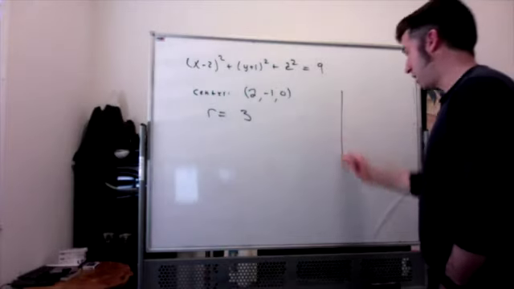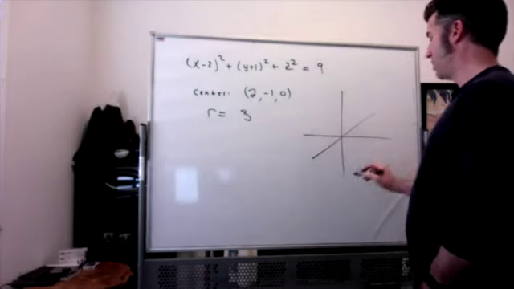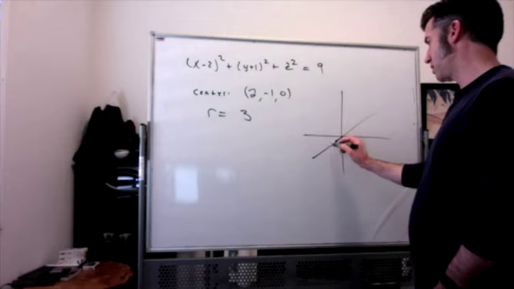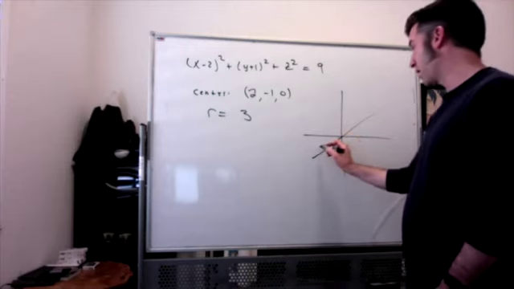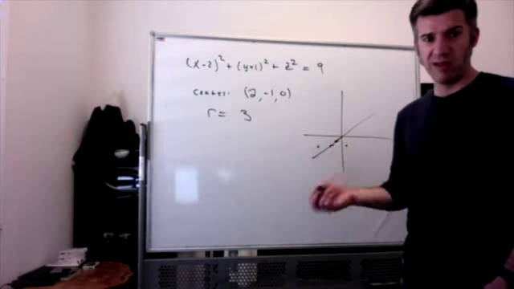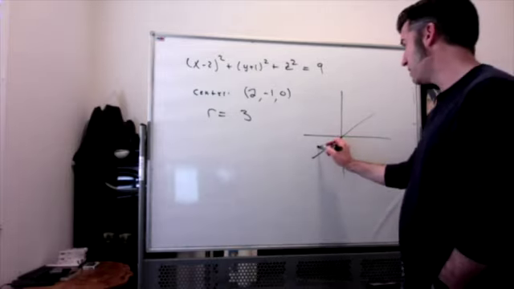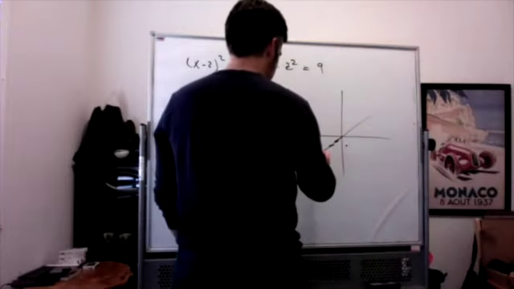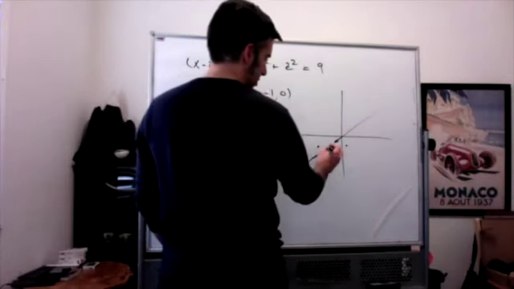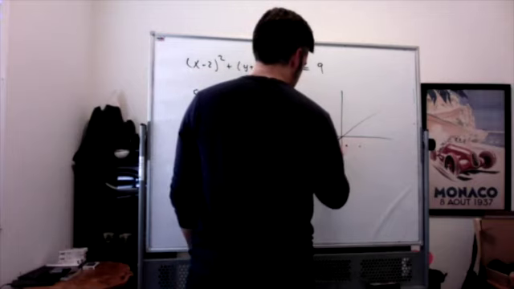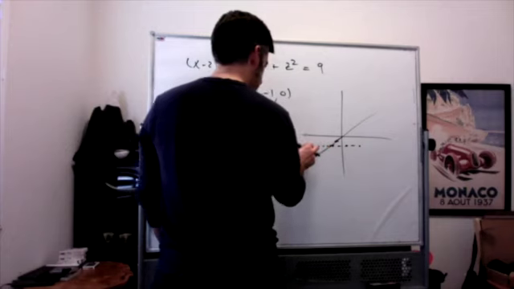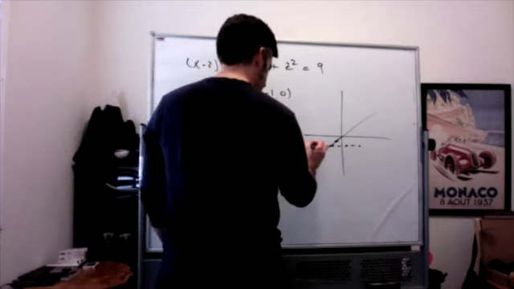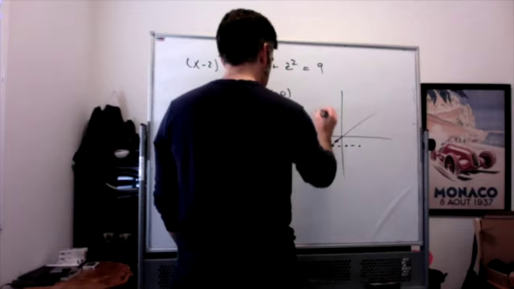We could try to draw it. I don't really want to. If we tried, our center would be 2 in the x direction, then -1 in the y direction, and 0 in the z direction. From this center point, we have to go 3 in each of the 6 directions: 1, 2, 3 to the right, 1, 2, 3 to the left, 3 up, and 3 down.